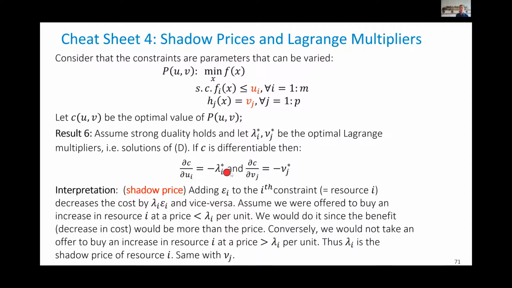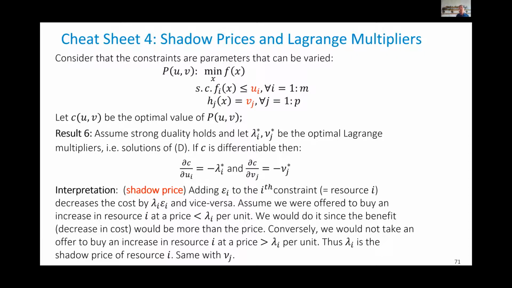Why is that interesting? Well, it has the interpretation of a shadow price. If this constraint expresses a resource, we will see in a minute what that means. But assume you have a constraint and you can buy, by putting money onto the table, you could increase the value here. If you increase the value of u_i, you have more freedom. You're less constrained, so you can improve your cost.